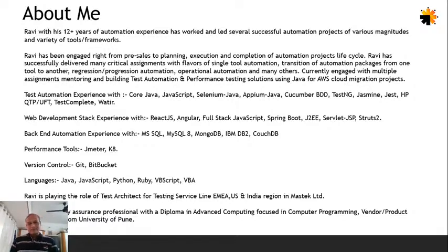I have been fortunate to work in multiple tools, technologies and domains: banking and finance, airline, life sciences, e-commerce, insurance, etc. My core development stack currently involves Angular and React, more on the front end side, which I'm trying to catch up with, but I'm aware of the full stack JavaScript foundation.